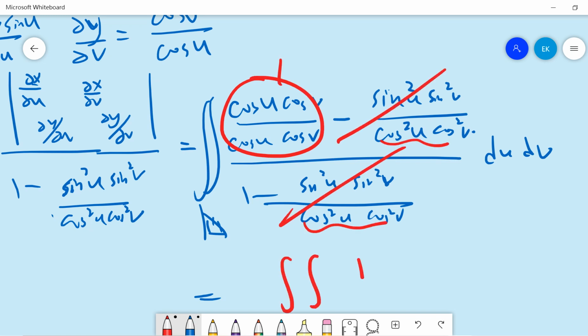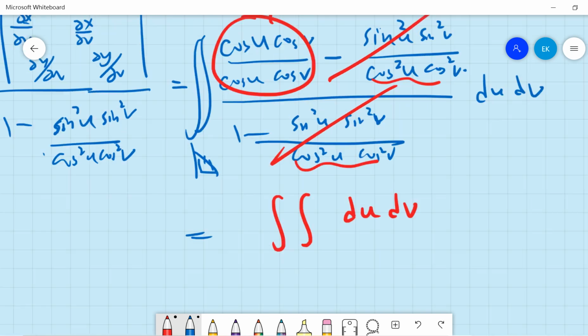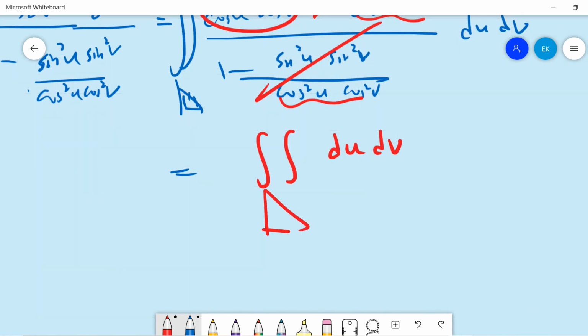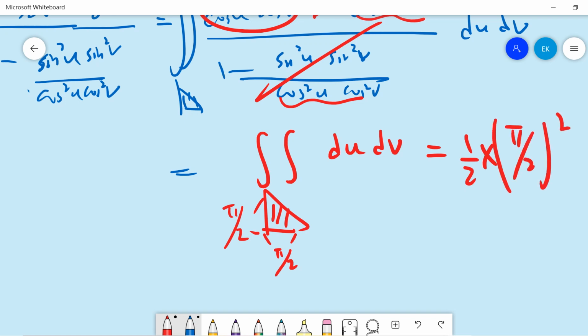So finally, it's amazing that this is just du times dv over this area. So this area is just the triangle, right? So the area is 1/2 of pi over 2 squared, so it's pi squared over 8.